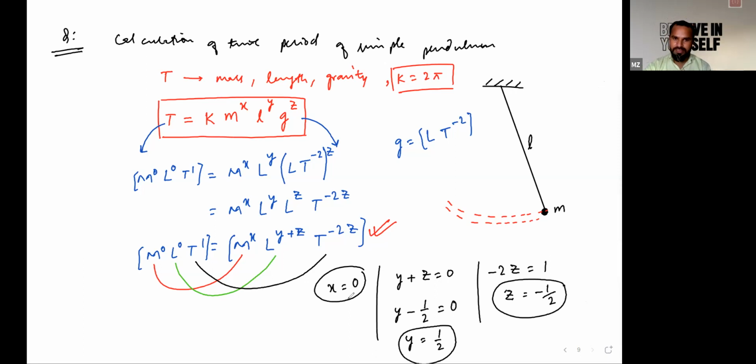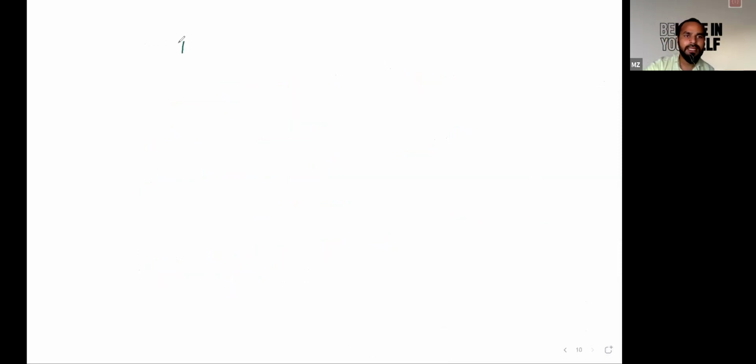Okay, so we have just derived these exponentials. Now, the final step is to put all these values in the above expression. So T is equal to K, which was 2 pi, M to the power X, which was 0, L to the power Y, which was plus half, and g raised to the power Z, which was minus half. If an exponential is negative, bring it to the denominator. So it would be 2 pi. M raised to the power 0 would be nothing but 1, so neglect it.